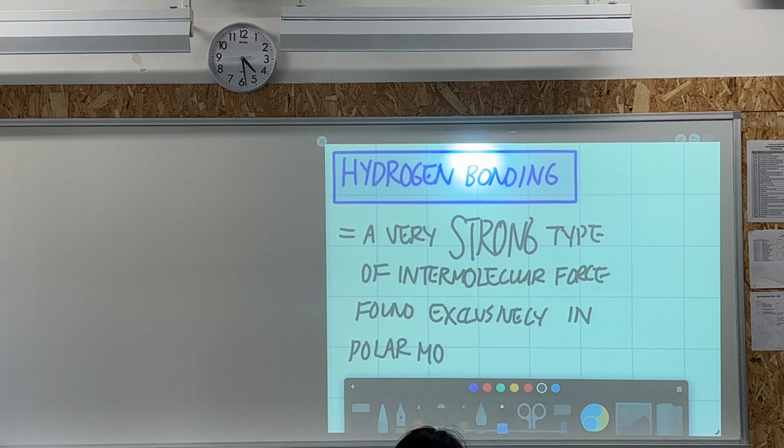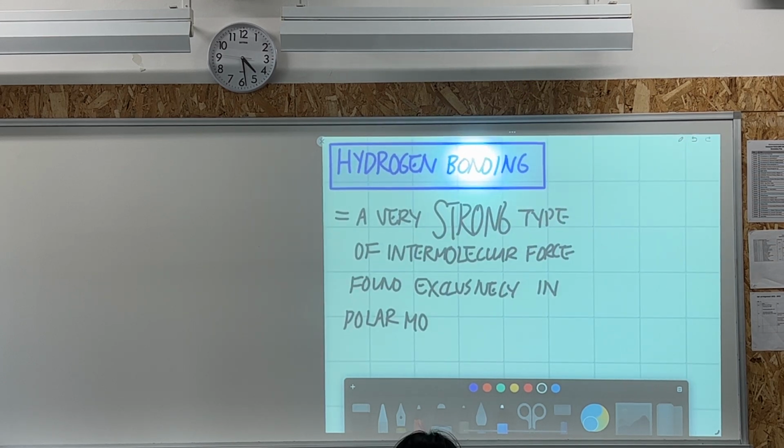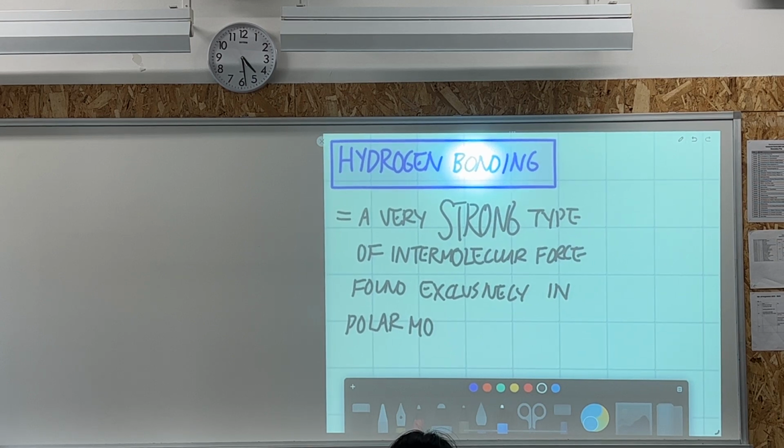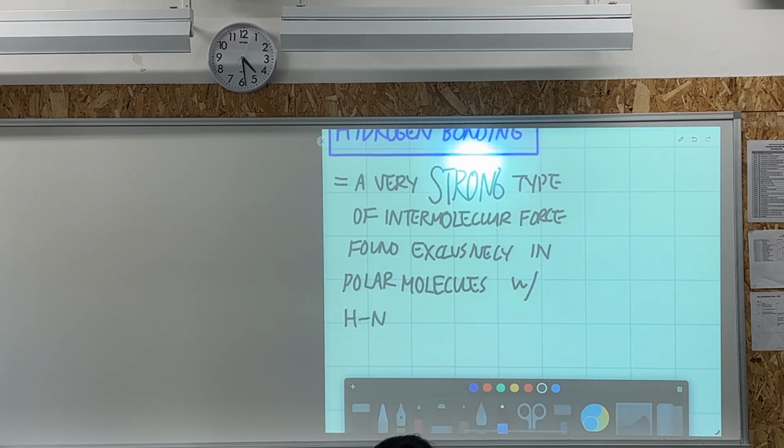Think of this as the VIPs. Only the elites can enjoy hydrogen bond. It's not something commoners can have. These elites are polar molecules fitting the following requirements: with HN, remember just now in the lesson I said HN, HO, and HF.